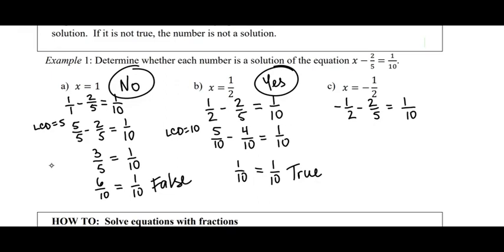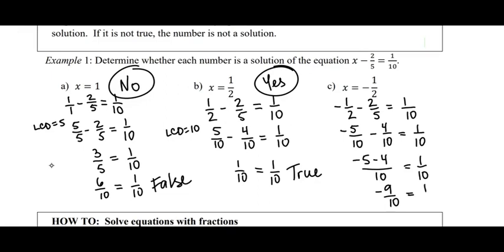So the first is going to be negative 5/10 minus 4/10 equals 1/10. So you have negative 5 minus 4 over 10 equals 1/10, negative 9/10 equals 1/10. That is false.